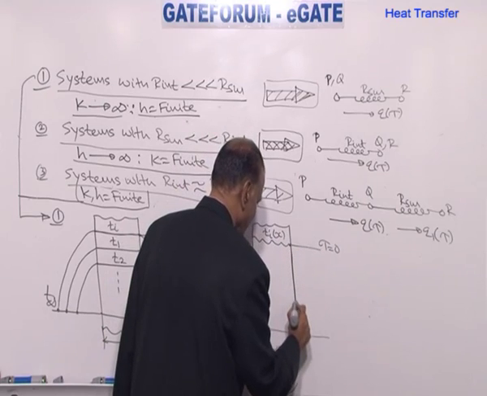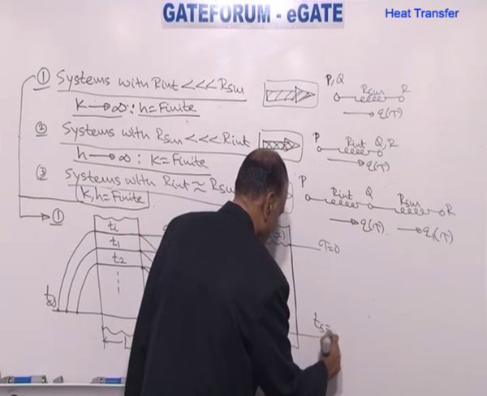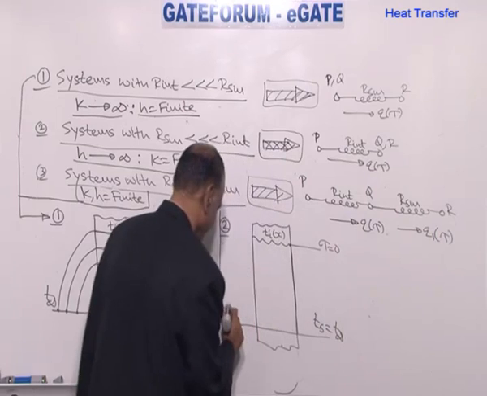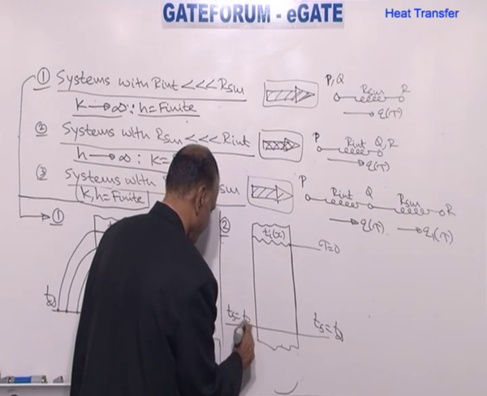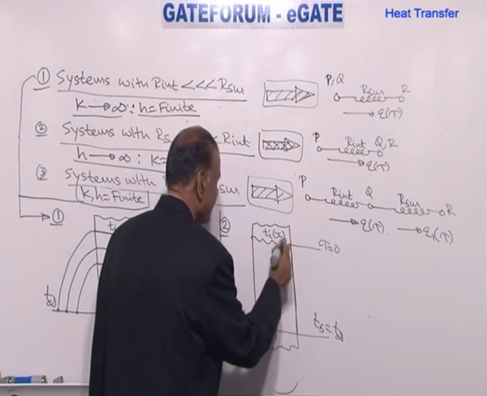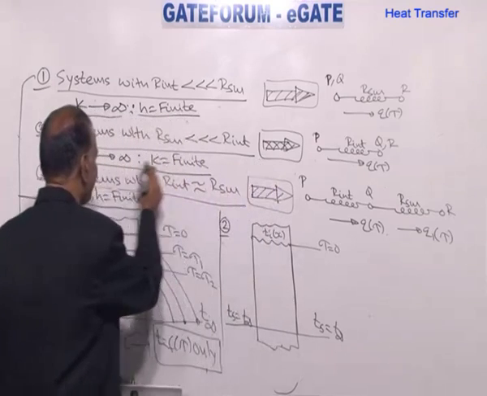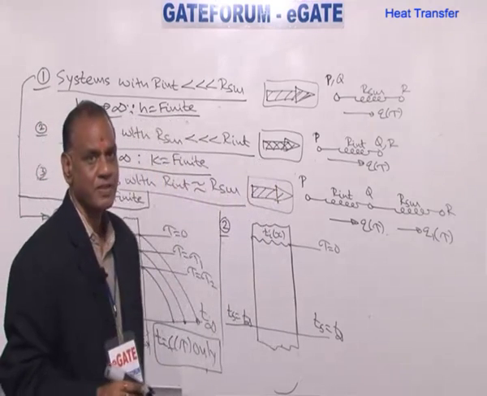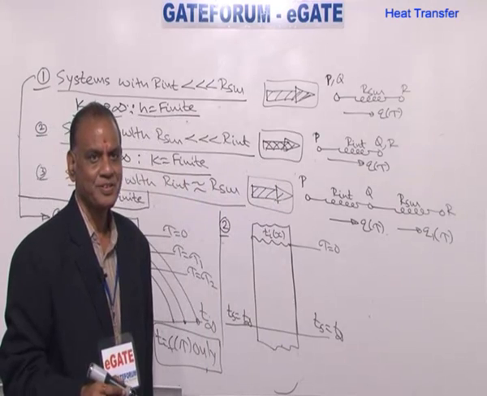But the moment you go to the surface, surface temperature is the same as the fluid temperature. Temperature is varying inside because of finite value of K. It's not varying on the surface because of infinite value of H.